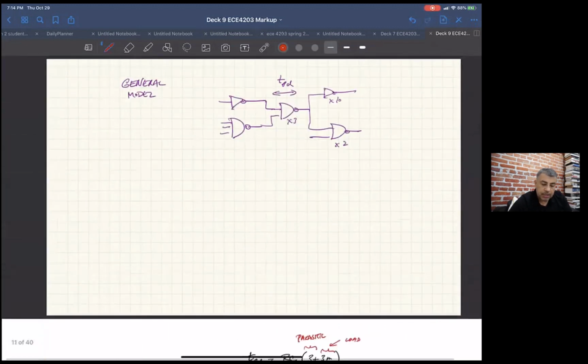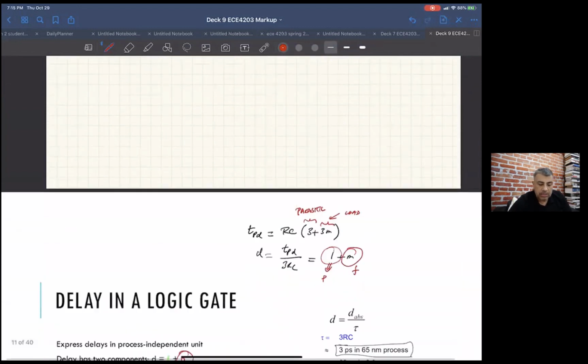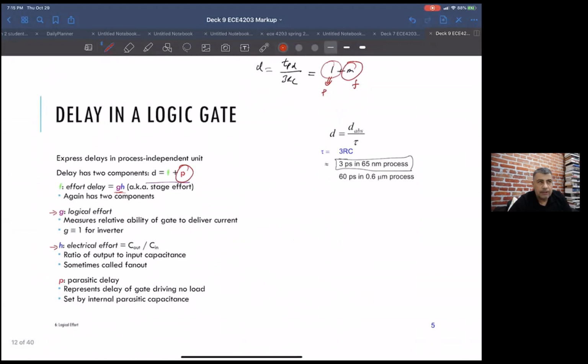It's because we want to find a way to get a general result for any type of gate driving any other type of gate, loaded down by some other gates. So we're going to put everything in terms of equivalent capacitances, because everything being driven looks like a capacitor.